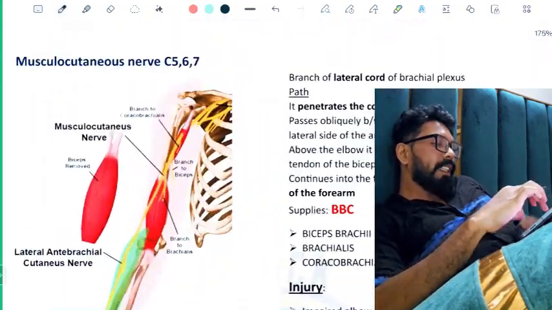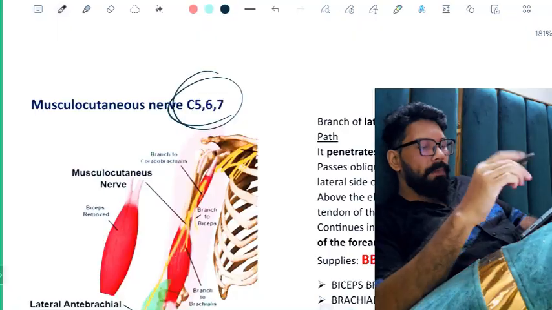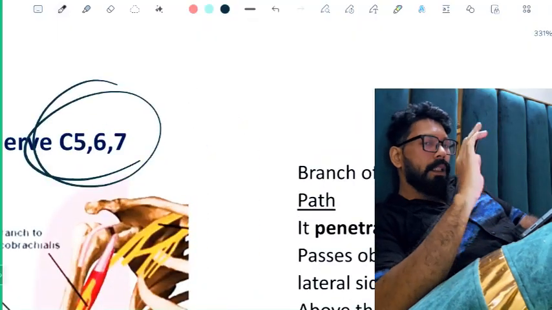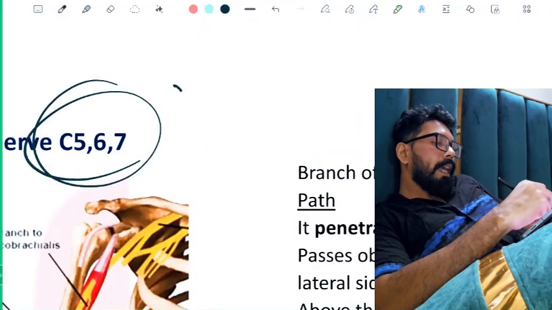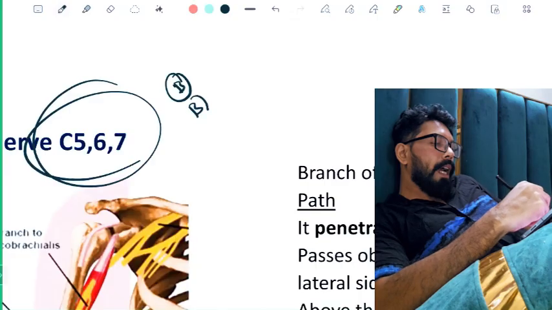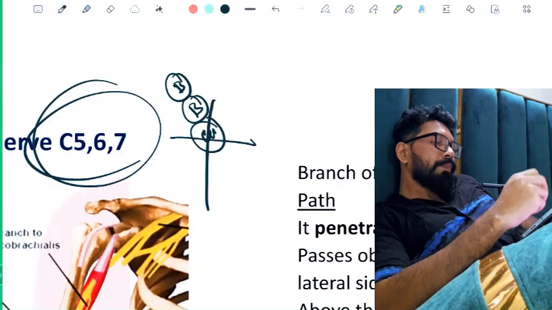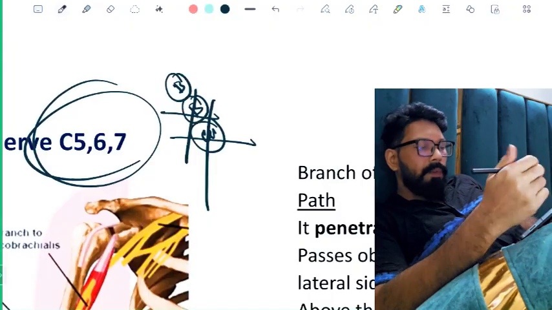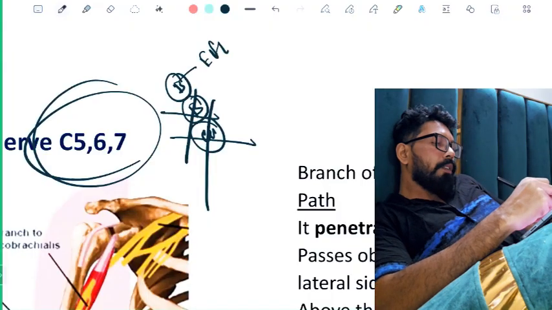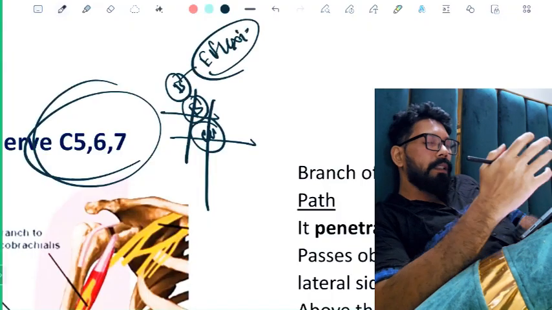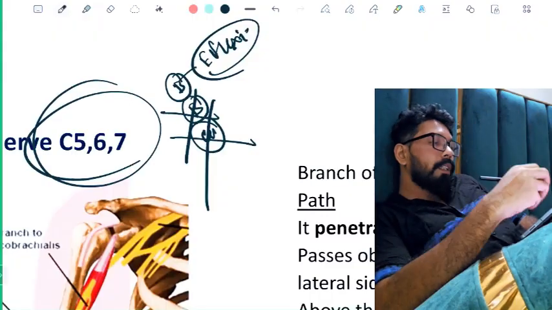So musculocutaneous nerve, you must remember the root value because of the question pattern. You have to know what functions will be impaired, as it supplies biceps brachii, brachialis, coracobrachialis, which is the least important of your life now, and brachialis is also not so important. So elbow flexion will be impaired, if you remember the skeleton moving his hand up.